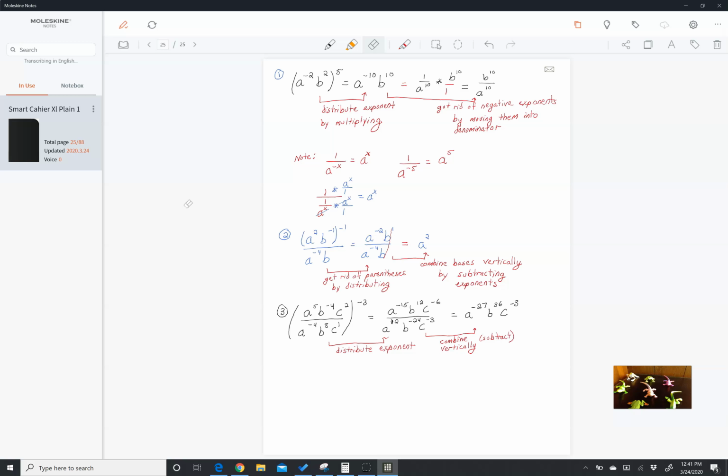And then the final thing that we're going to do is get rid of these negative exponents here. The way that we do that is we just move them to the denominator. So we have b to the 36 is positive. It stays where it is. A to the 27th goes to the bottom, and c to the 3rd also goes to the bottom.